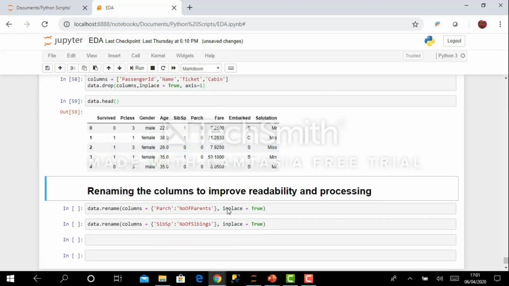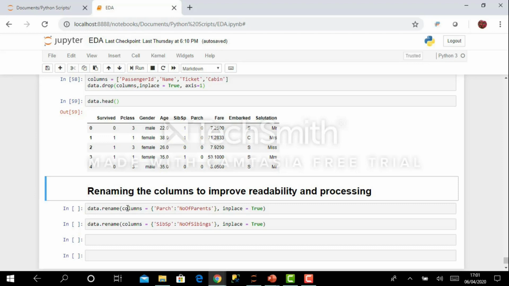Okay. Then sometimes I rename my columns, because the names may be confusing and that may be difficult to understand. So whenever we are reading or processing the data, a good name of the column actually helps us to understand and to process it in a better way. So here I thought that these 2 columns have little bit confusing names, the rest of them are quite clear to us.